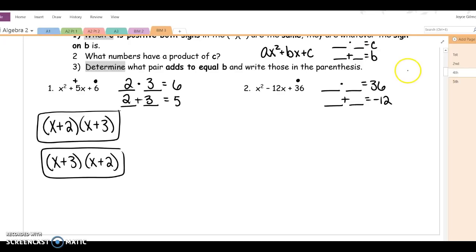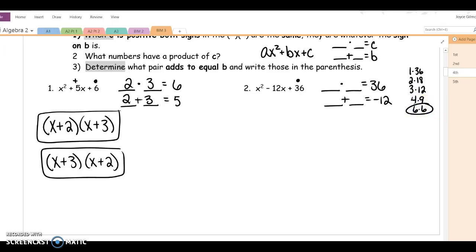So you might need to make a list of ways that you can multiply to get 36 in order for your brain to see which pair of numbers this is. So 1 times 36, 2 times 18, 3 times 12, 4 times 9, 6 times 6.